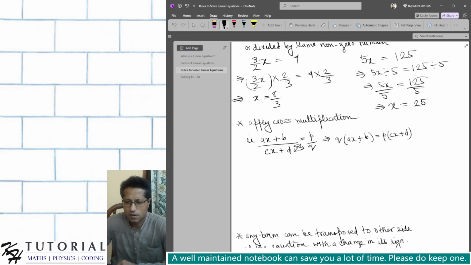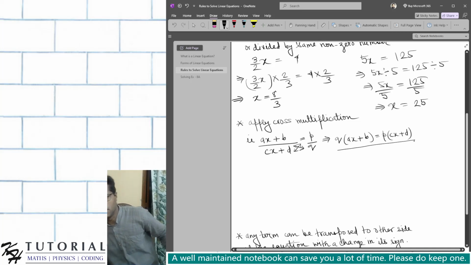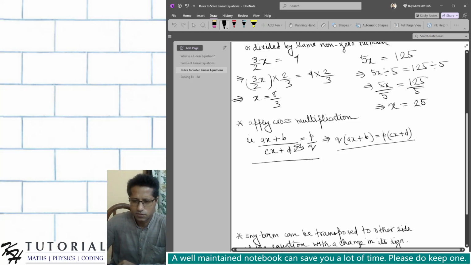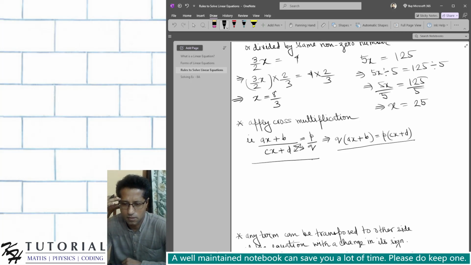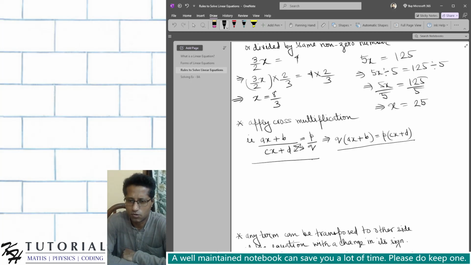This is known as cross multiplication. Once you do cross multiplication, as you can see, this form is a simple form. This is a linear equation in simple form, whereas this equation, that is ax plus b divided by cx plus d equal to p by q, is not a linear equation, because the LHS is not a linear polynomial.